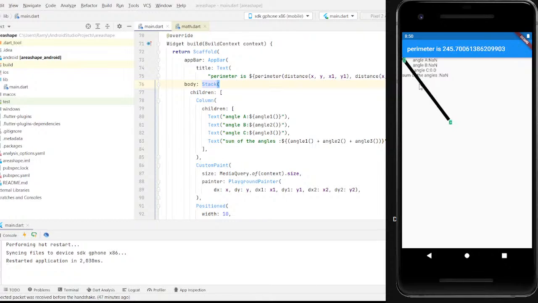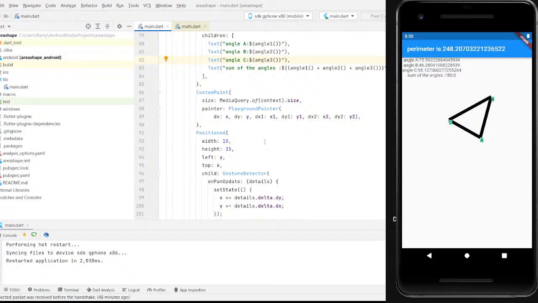Look, that's C, that's B, and that's A. And here in our stack class, we use the column class to write inside it the angle A, angle B and angle C measures, and the sum of the angles to make sure they are always 180, and that's a very, very important point.